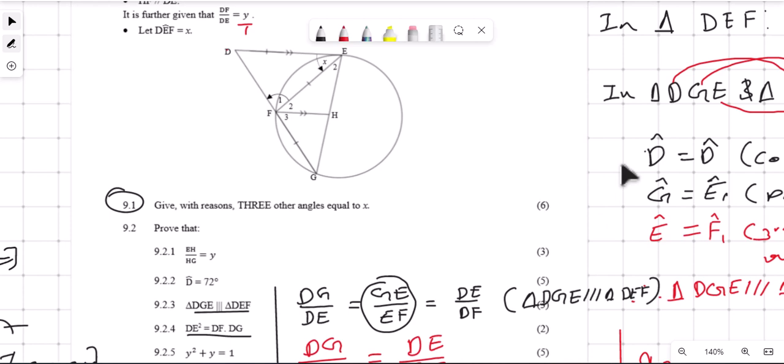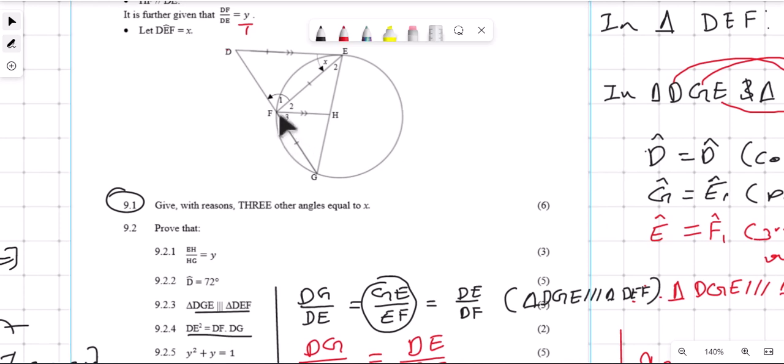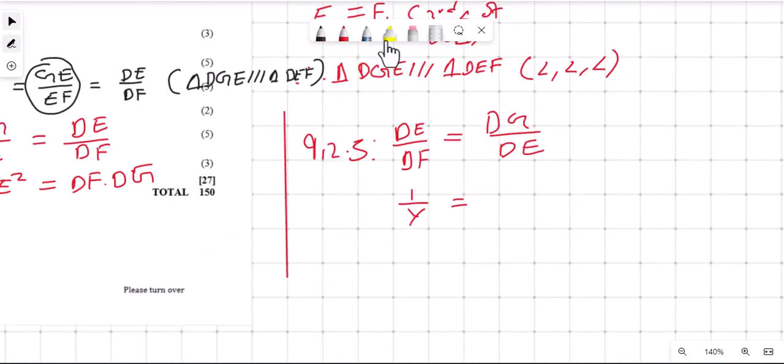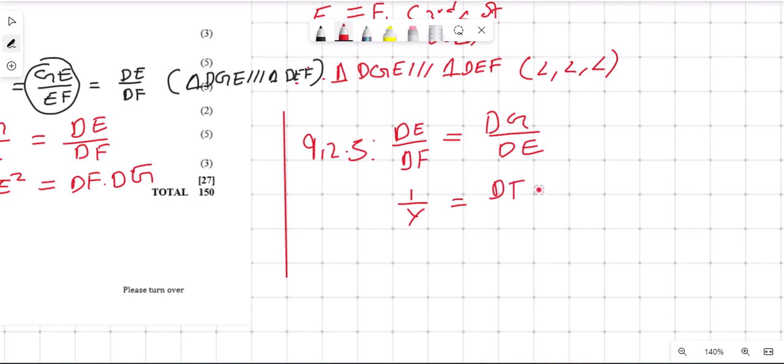DG is not the same as DF plus FG, not necessarily equal, but DG is made up of DF plus FG. So this can give us a hint. DF plus FG over DE. Is that correct? Yes.